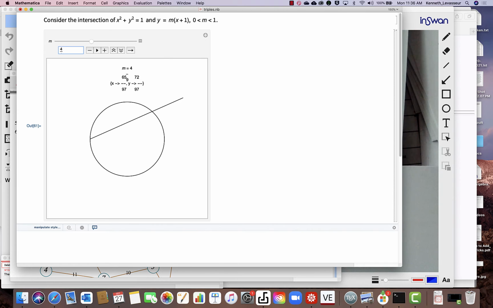Notice that 4/9 produces this triple. The two things get smushed together here, but 65, 72, and 97 is a Pythagorean triple. We can get some of the more common ones by looking at 1/2, for example. 1/2 gives you the 3, 4, 5.